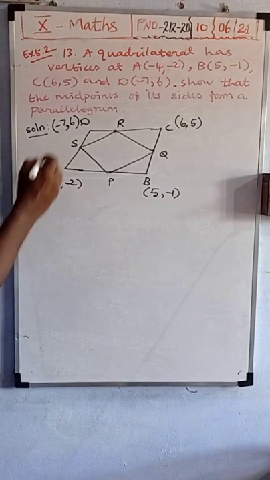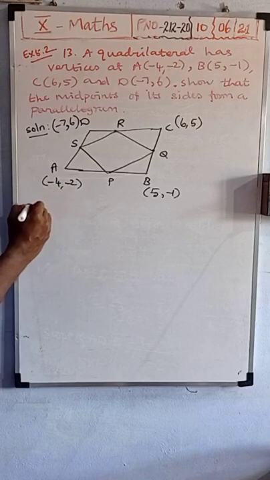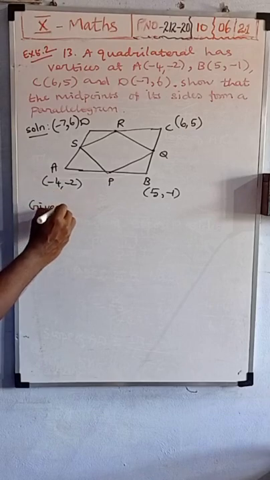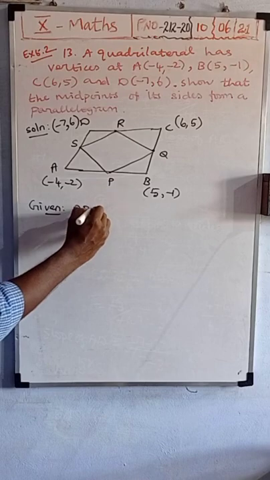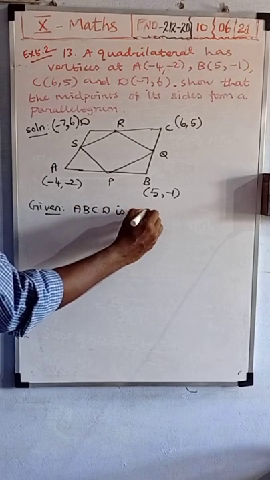Okay, see, solution first. Now you write, given: ABCD is a quadrilateral.